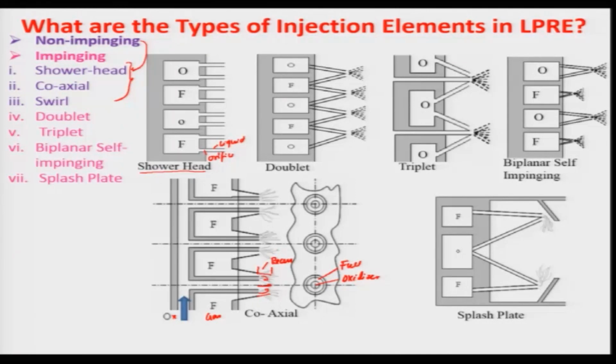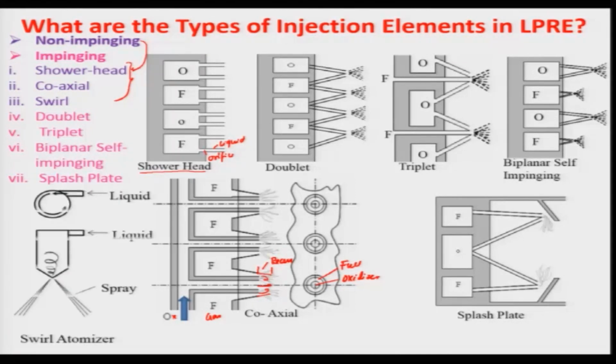Another thing which is being used is the swirl atomizer. In this case the tangential velocity, V t, is imparted to the liquid, such that instead of coming straight, it will form a cone over here, and this cone angle varies maybe from 70 to 120 degrees, which is a very big angle.